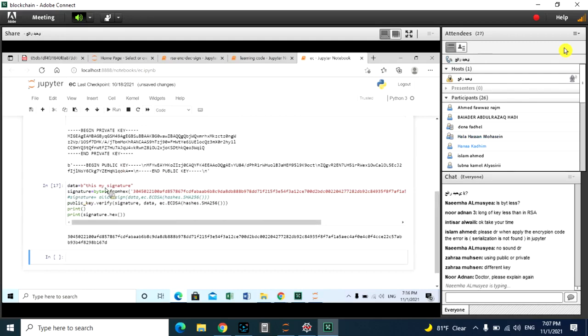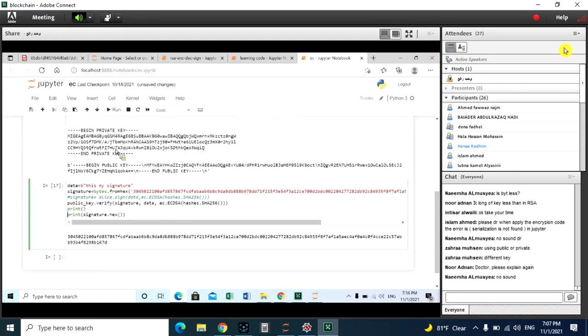But if I change a little bit in the message, see, I changed just one character and the signature is invalid. In Bitcoin, this is used to prove authority.